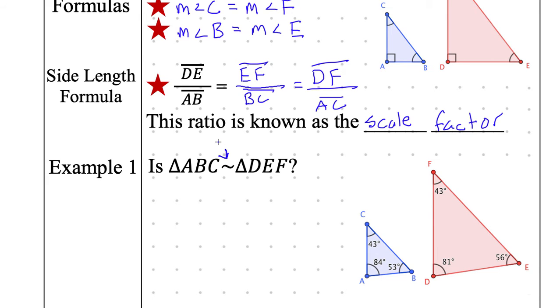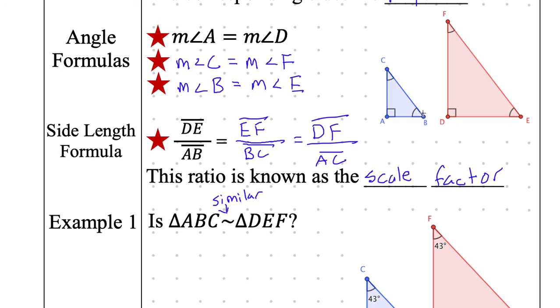All right, so this symbol right here means similar. Question, Andres. Can you define scale factor? Scale factor is what happens when you divide one length by another. And it can be either way. It can be the small divided by the big or the big divided by small. It doesn't matter, as long as you're going the same direction over and over, always small to big. Any length?